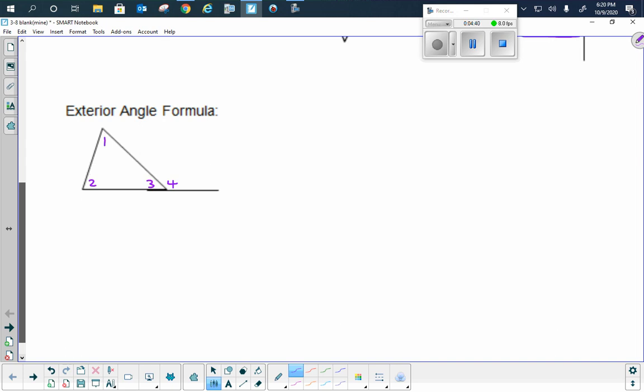So what do you know about the triangle? You should know that angle 1 plus angle 2 plus angle 3 equals 180. Due to the straight angle right here, you should agree that angle 4 plus angle 3 equal 180. Well, notice the parts that are equal, guys.